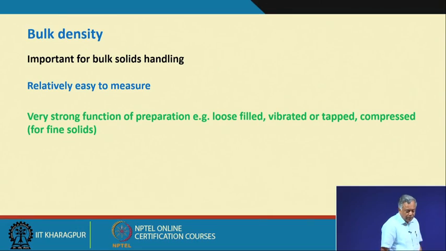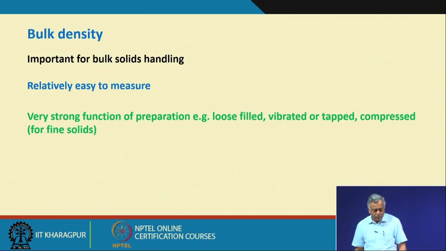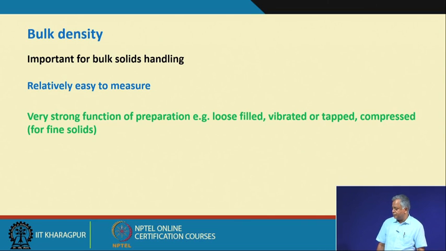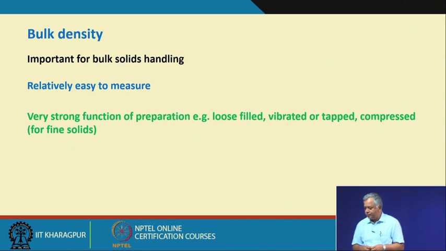So, the bulk density, why do you want to know? It gives me information about bulk solids handling. That is, if I want to handle 500 tons of material per hour, what will be the dimensions of my bulk material handling system? That is basically dictated by the volume occupied by this.